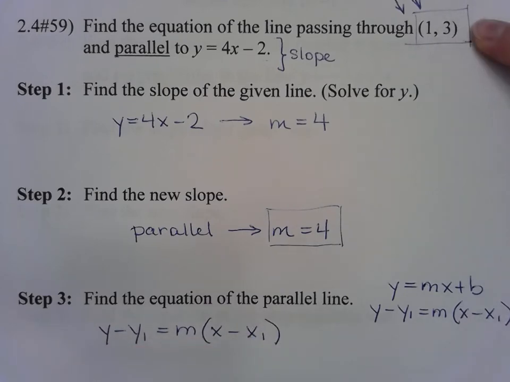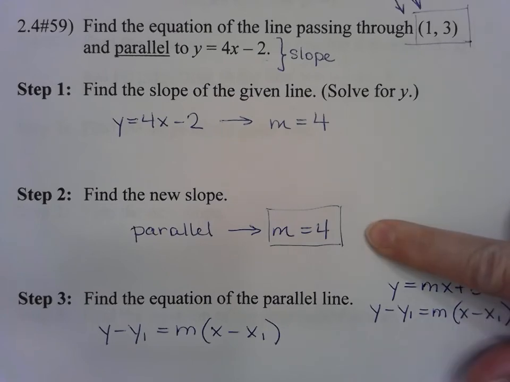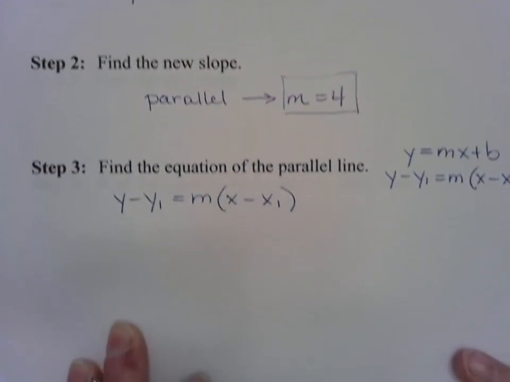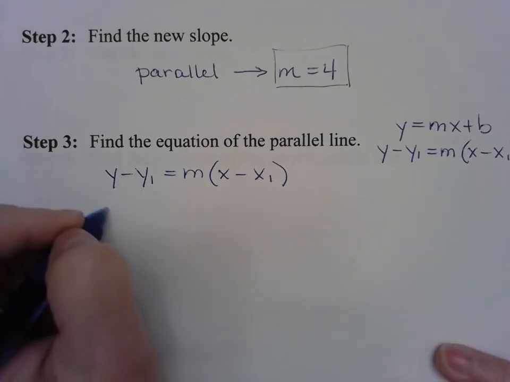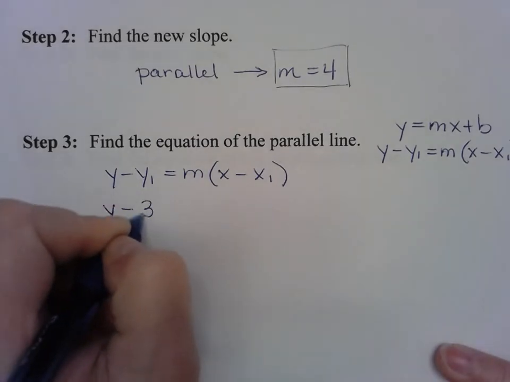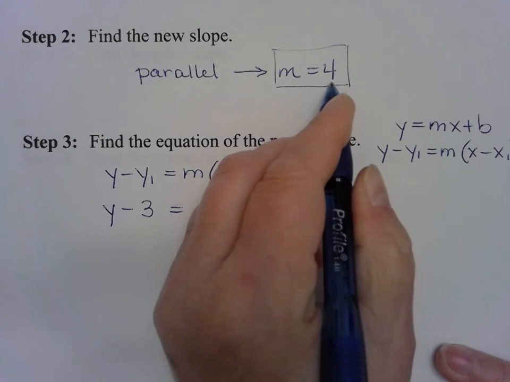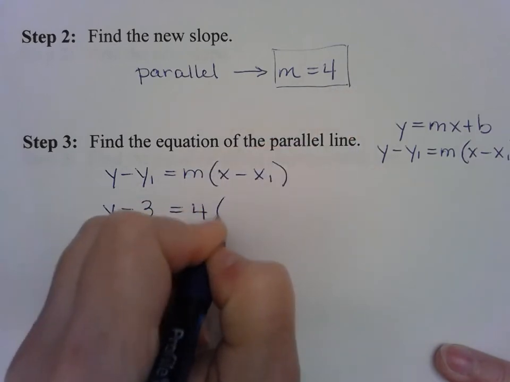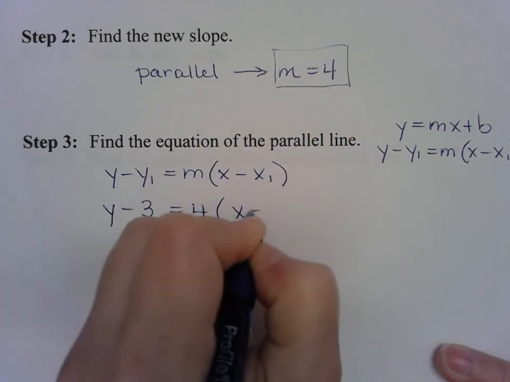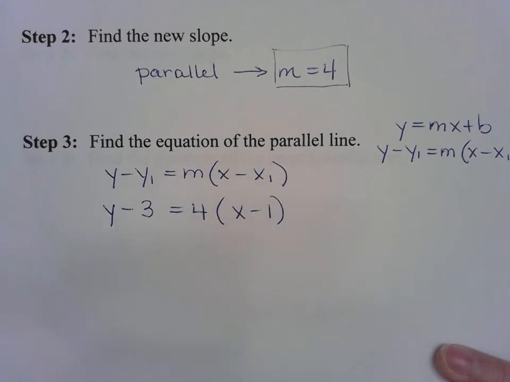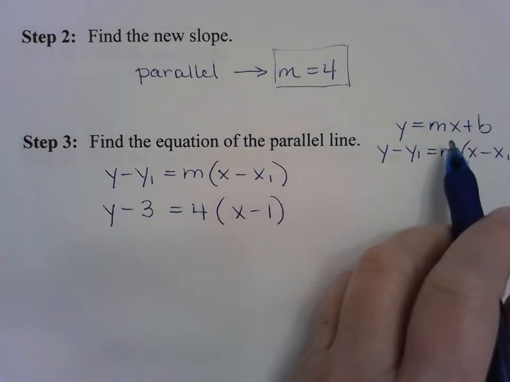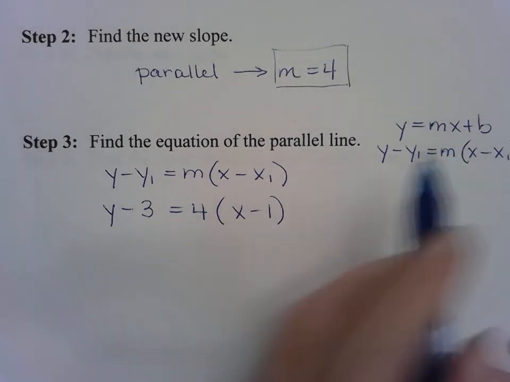So I'm going to put in the coordinates for my x1 and y1 and for my slope. That's going to give me y minus 3 is equal to the slope, which is 4, times x minus 1. And now I'd like to write my final answer to look like mx plus b.